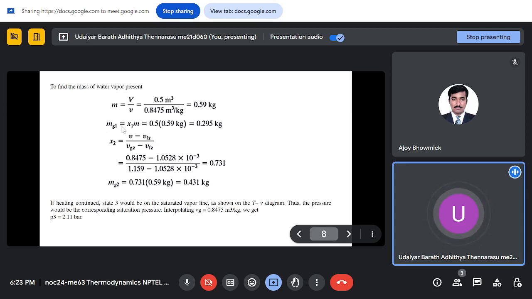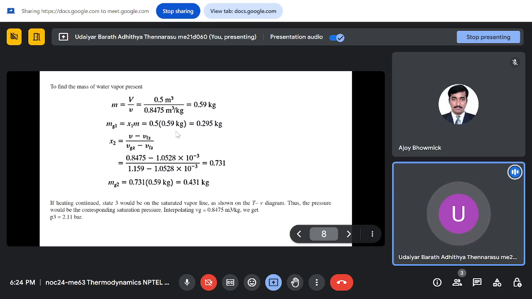Now the quality is given. Quality is nothing but mass of vapor divided by total mass of vapor plus liquid. So from there we can find out that the mass of vapor which is present is nothing but the quality into total mass. So quality is given as 0.5 at state 1, and total mass we have calculated as 0.59 kgs. So this gives me the mass of vapor which is present as 0.295 kgs.